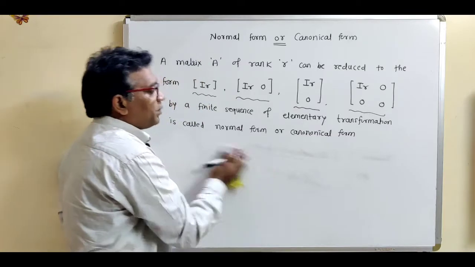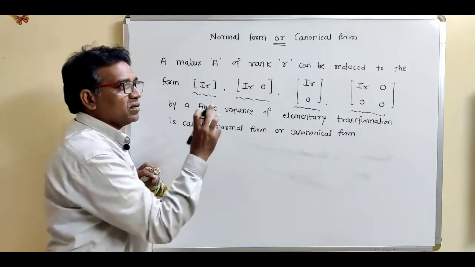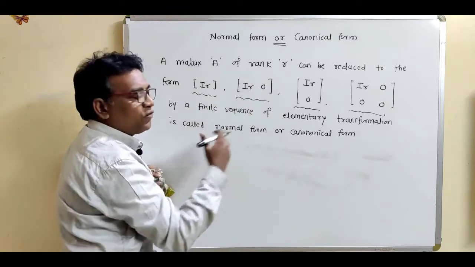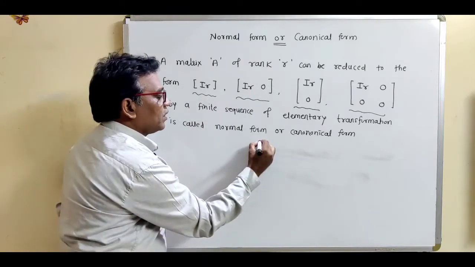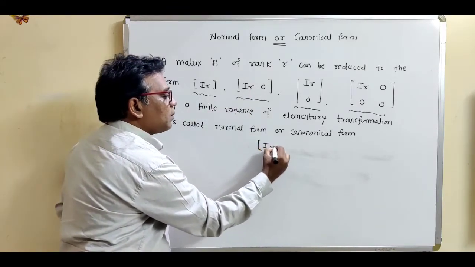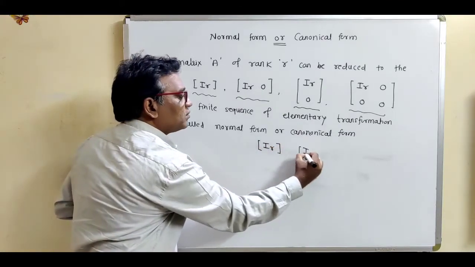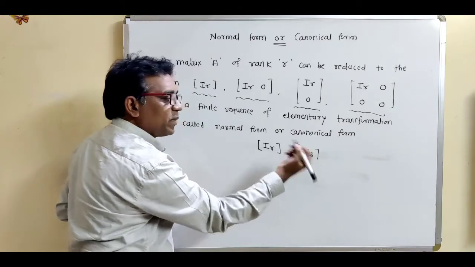So first of all, remember the canonical form or normal form. There are 4 types of normal form or canonical form. The first form is the matrix IR, for example the matrix I3 or matrix I2.